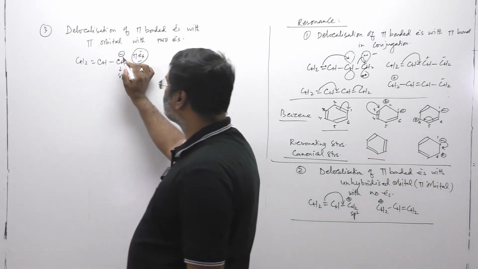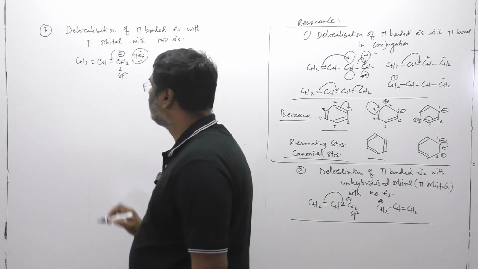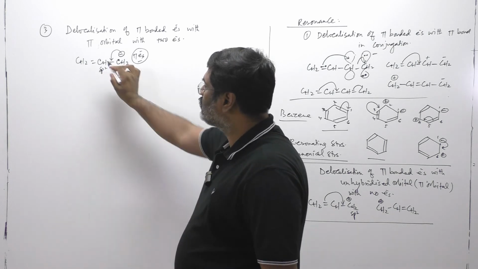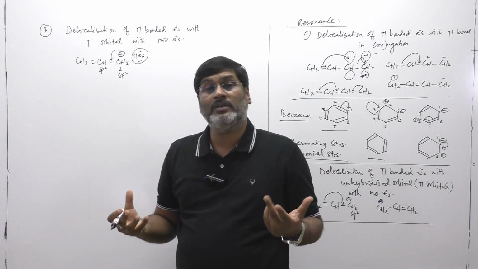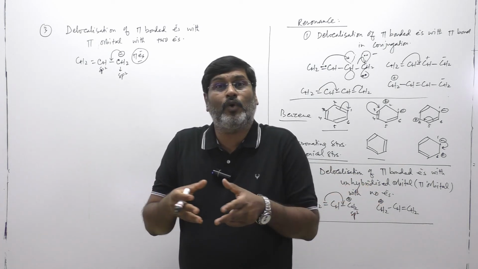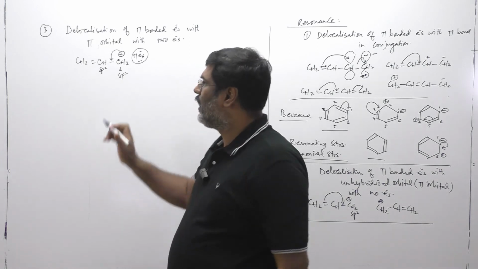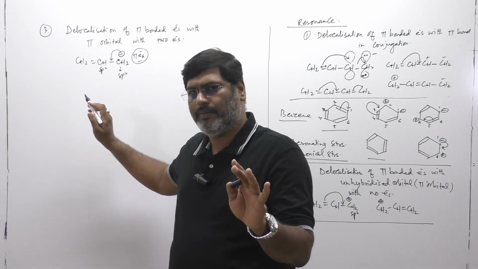Now the pi electrons will be moving towards. How can it move towards? Yes, because this is also sp2. This has one unhybridized orbital. But then you will ask, why sir, that is already occupied. Not a problem. That is already having a bond with the other carbon atom, not a problem.